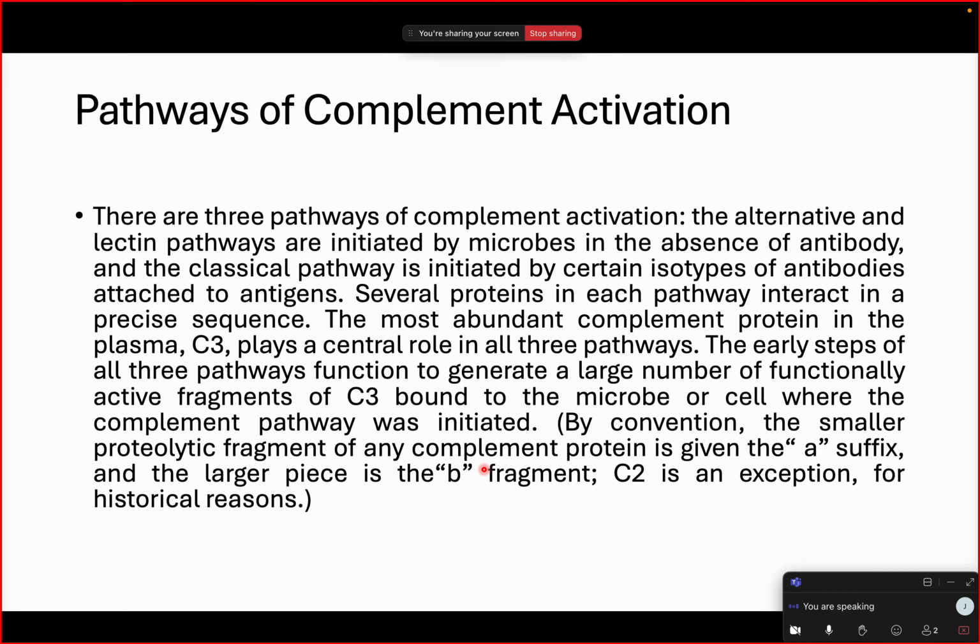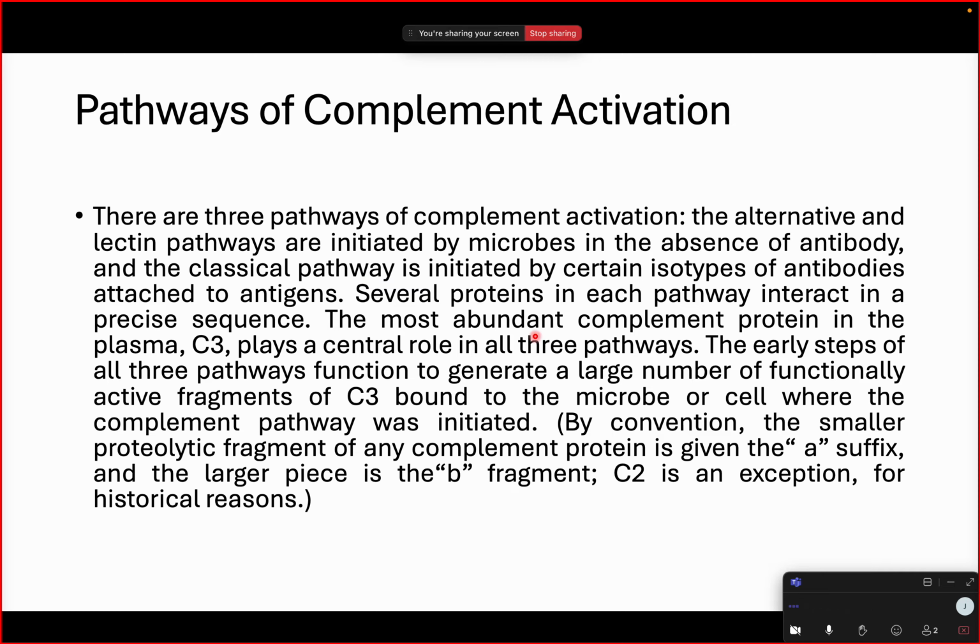So, the pathways of complement activation. There are three pathways of complement activation. The alternative and lectin pathways are initiated by microbes in the absence of antibody, and the classical pathway is initiated by certain isotypes of antibodies attached to antigen. Several proteins in each pathway interact in a precise sequence.